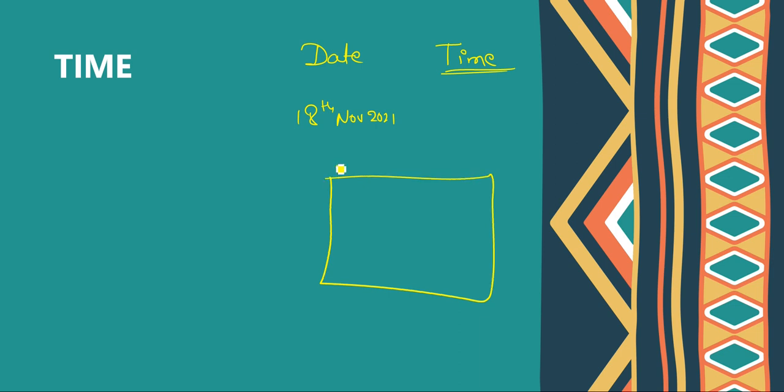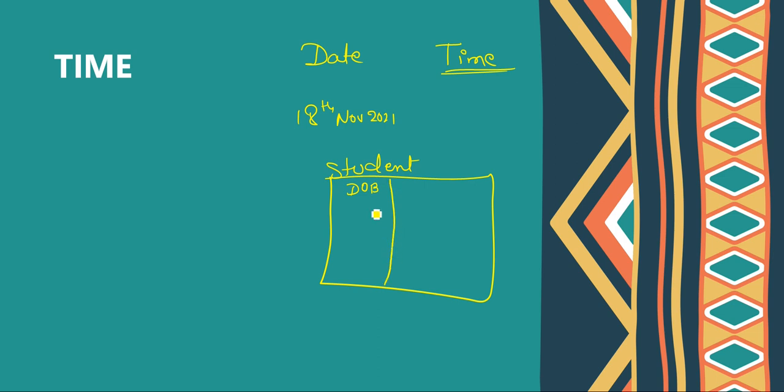Now time. So let's say today. What is the difference between date and time? Today is 18th November, right? 18th November 2021. But let's say this is my student table, and I have stored the DOB, date of birth.